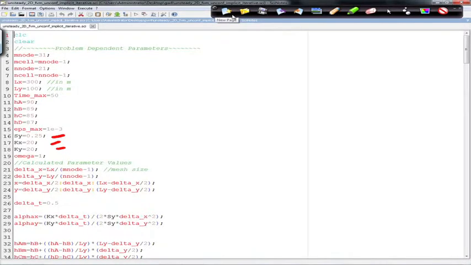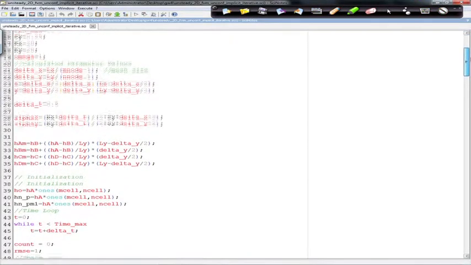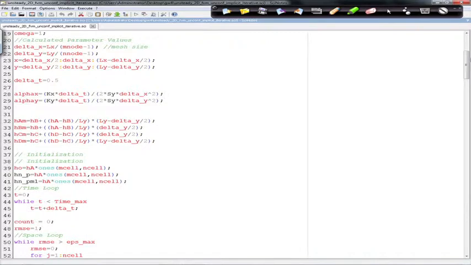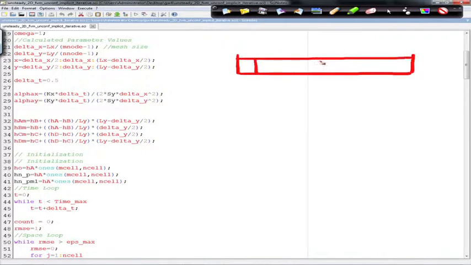Now, for this one we can further calculate Lx, Ly values. This is delta x, delta y. So, obviously, for the Lx direction we are discretizing the cells like this.